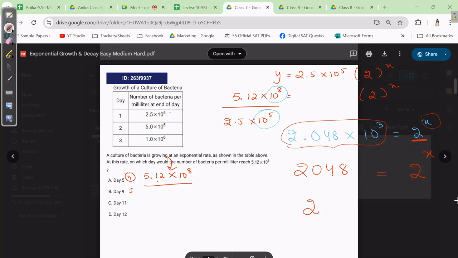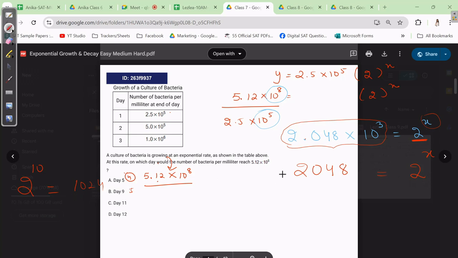Now, I know one thing. I think you should also know this, Anika, that 2 raised to 10 is 1000 and something. 2 raised to 10 is 1024. So it would have to be 11.